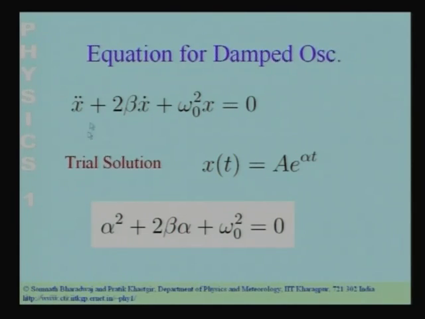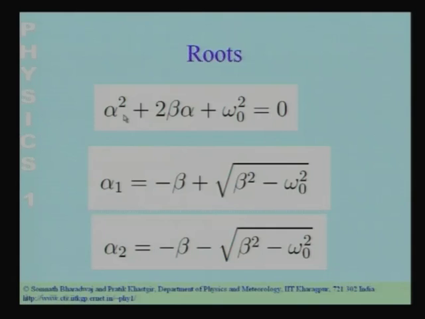You have to now solve this quadratic equation, which is very easy to solve, and we all know that it has two roots. The two roots are minus beta plus square root of beta square minus omega naught square, and minus beta minus square root of beta square minus omega naught square.